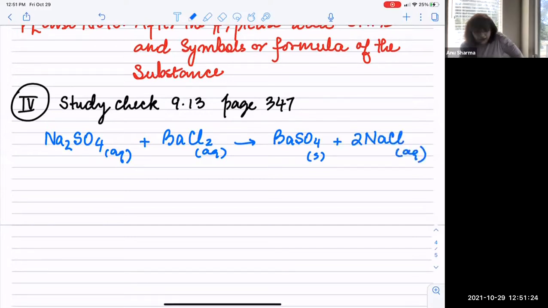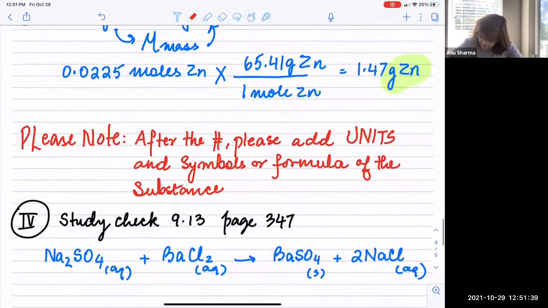Now you have sodium sulfate reacting with barium chloride giving you barium sulfate and sodium chloride. This is always checked for a balanced equation.